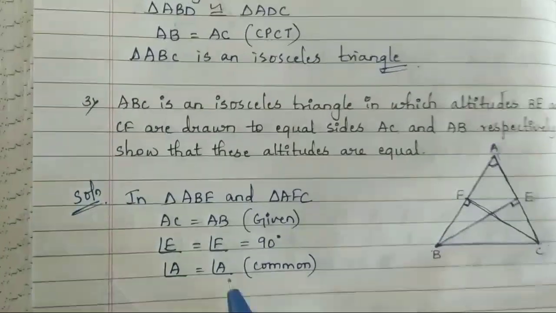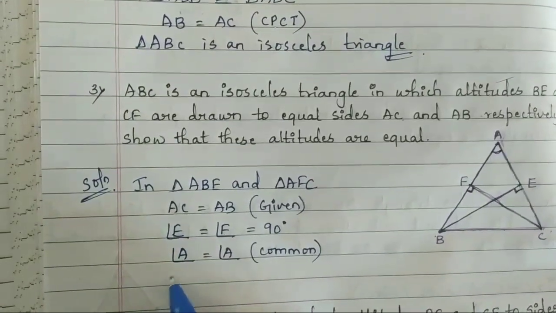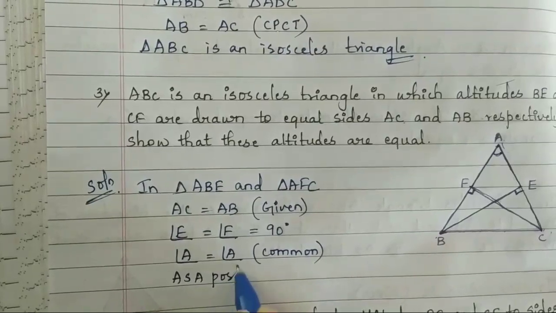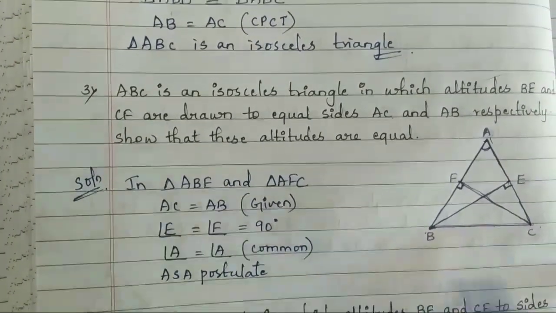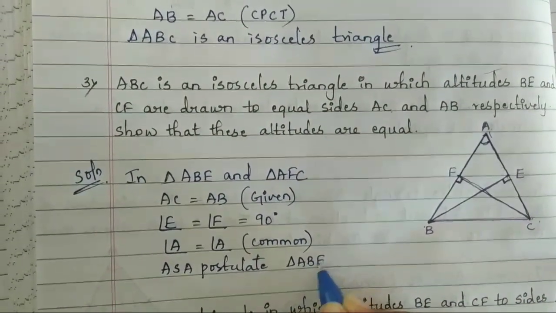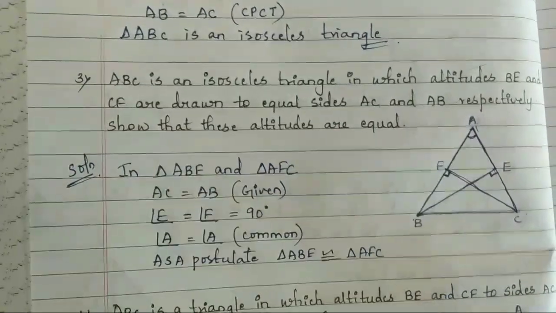So here we got two angles and one side. So by ASA postulate, we can say that triangle ABE is congruent to triangle AFC.